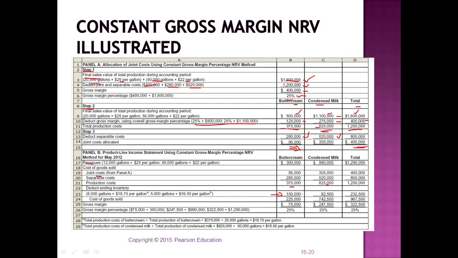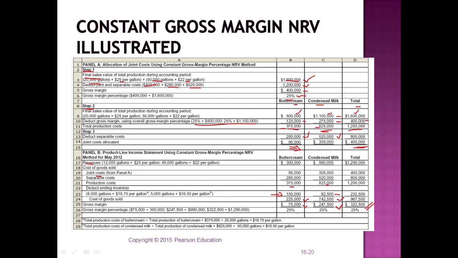So 18.75 multiplied by the number of units in stock, that is 8,000, would be 150,000, and then 16.5 multiplied by the number of units in stock, that is 5,000, you got 82,500. So you take the total cost minus the ending inventory will give you the cost of goods sold. So 225,000 and 742,500. Minus this from the revenue, and you got your gross margin 75,000 and 247,500, and also simultaneously calculate the total values.